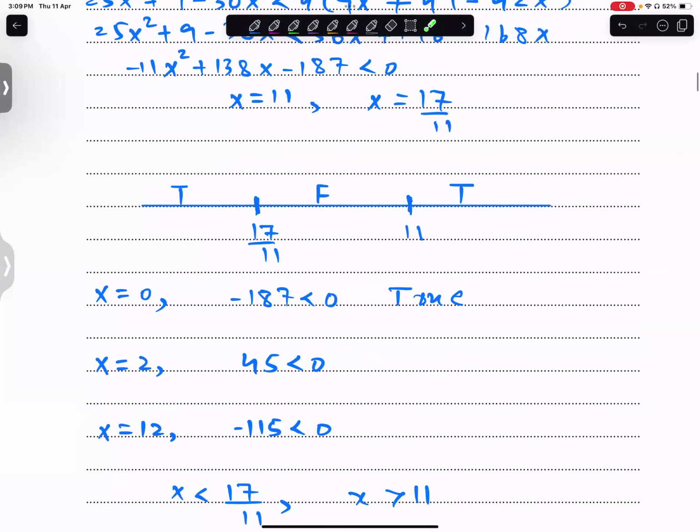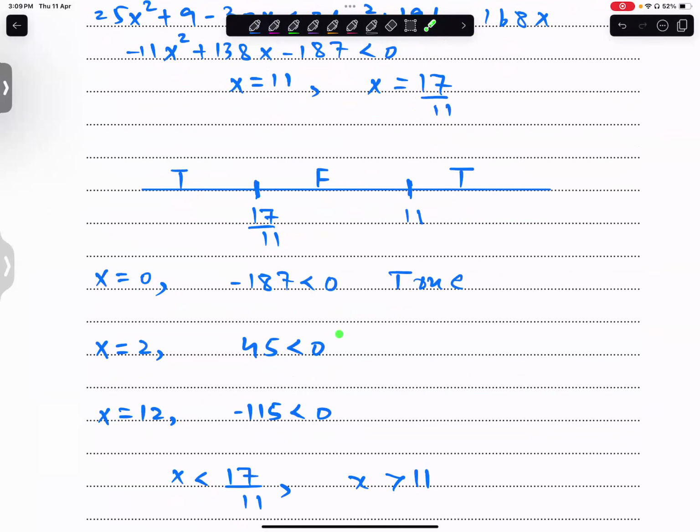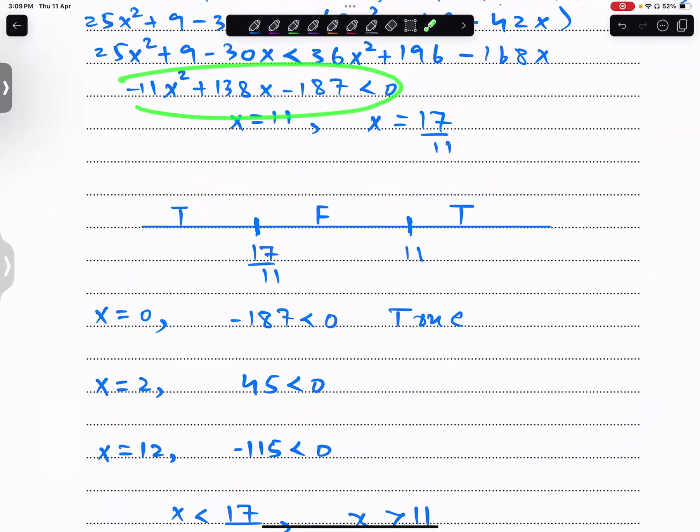Okay. Students, sometimes we don't need to check all the regions. If we use the concept of AS mathematics, ASP1 concept, then we don't need to check these regions also. Just check any region. Let's say if I check the first region and that is true, and we know that in solving a quadratic inequality, if the first region is true, then obviously the next will be false and the upcoming region will be true.